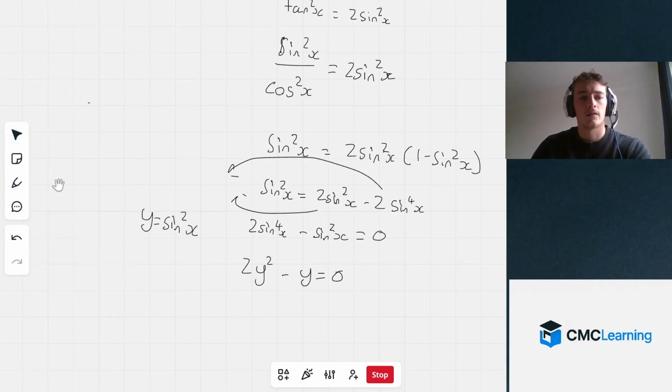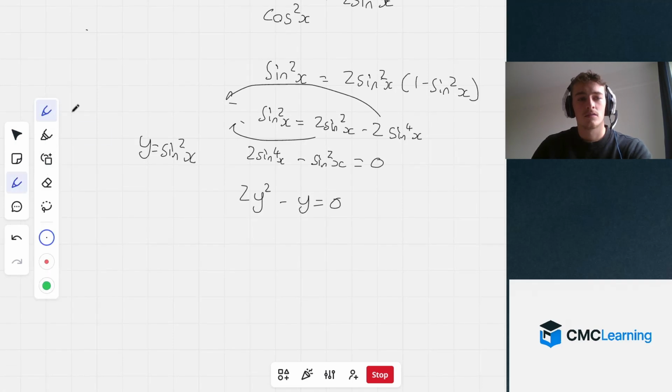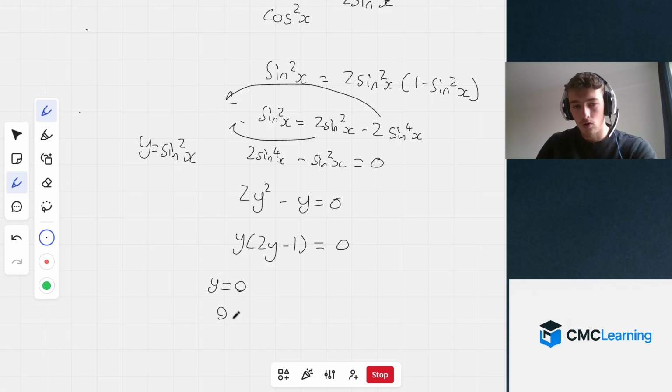We can factorize out our y. So we have y multiplied by 2y minus 1 equals 0. And this means that y equals 0 or 2y minus 1 equals 0.